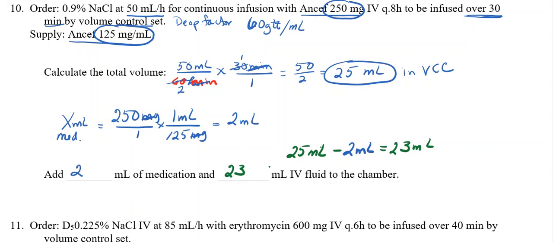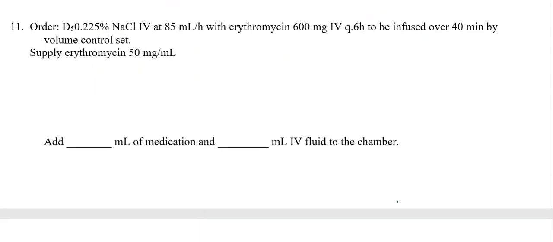Okay, so you're adding the medicine into the volume control chamber, and then you're adding the 23 milliliters. You can add the IV solution, and then the medication. So that's number 10. Let's look at number 11.